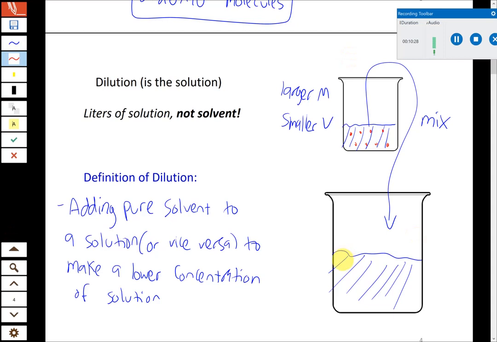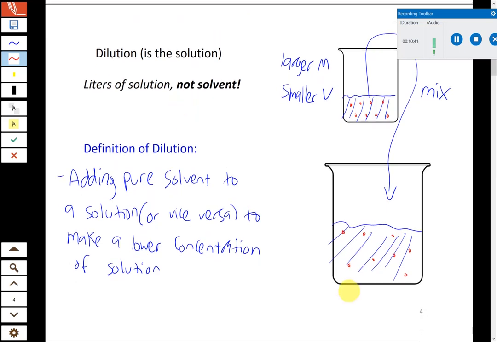So this is still going to have the same number of solute molecules, 8 as I've drawn it in this very generic cartoon form. But the point is that these solute molecules are now dissolved in a larger volume. And so the new solution that you produce is going to have a larger volume because we've added it to pure solvent, so we've increased the volume, but it's going to have a smaller molarity.